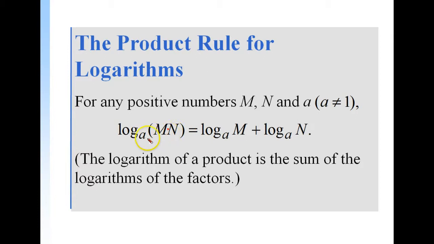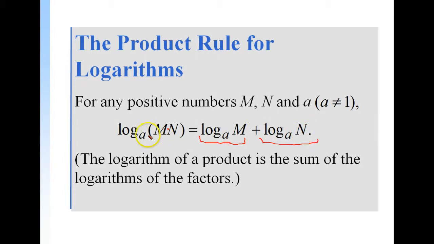So the proper way to write this, sort of extending it a little bit, is to write the log base a of m. Now, because this is multiplication, we are going to add plus the log base a of n.